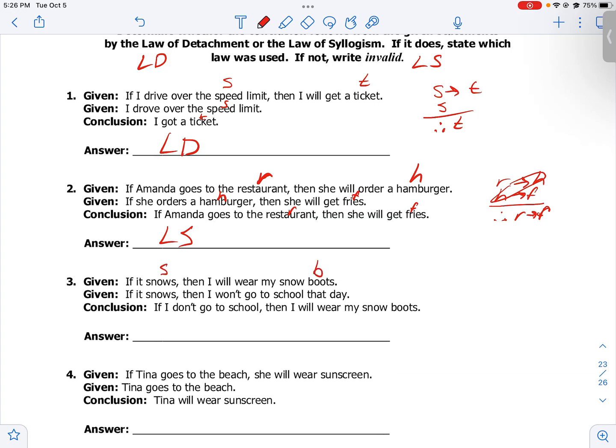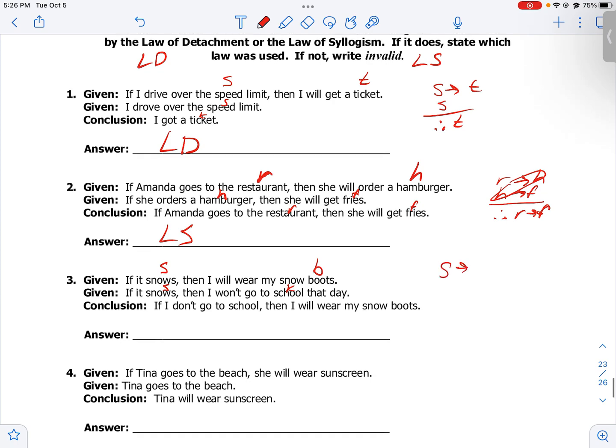If it snows, S, then I will wear my snow boots, B. If it snows, S, then I won't go to school that day. What do we want to do for school? I'm going to do a K for school. Why not? S, then B. S, then K. Therefore, my conclusion is if I don't go to school, if I don't K, then I will wear my snow boots.